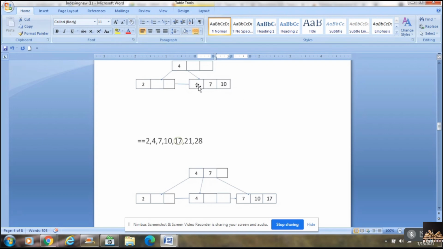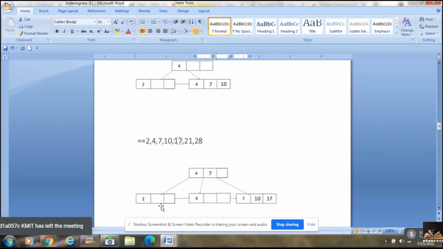So what do I have to do? Again, I have to take the median and push it to the next upper level. What is the middle element over here? 7 is the middle element. 7 is going to the top. Since this particular node has an empty position, 7 can go there, after 4.